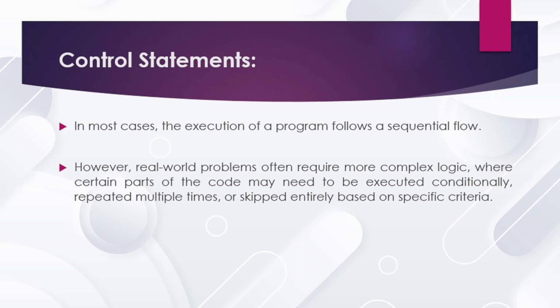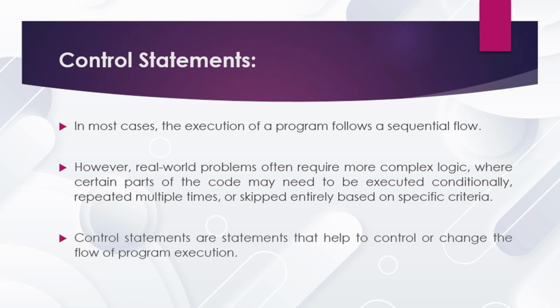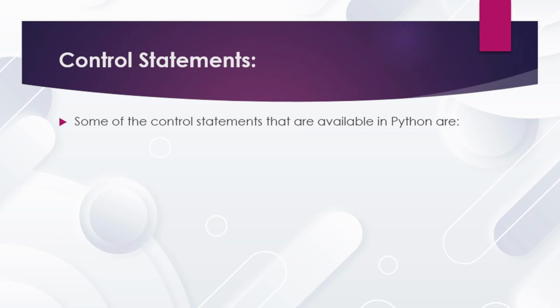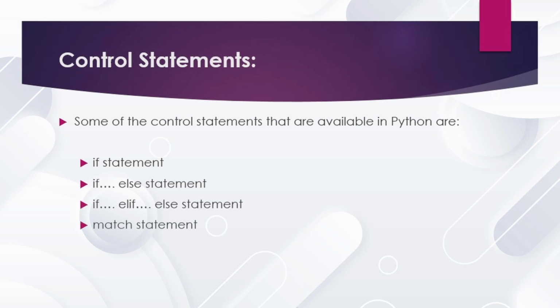To achieve such flexibility in program execution, we use what are known as control statements. Control statements are statements that help to control or change the flow of program execution. Some of the common control statements that are available in Python and that we are going to discuss in this video lecture are the if statement, if else statement, if elif else statement, and match statements.